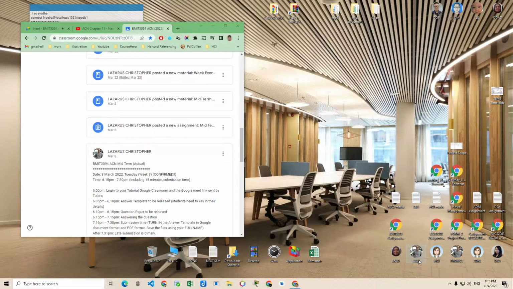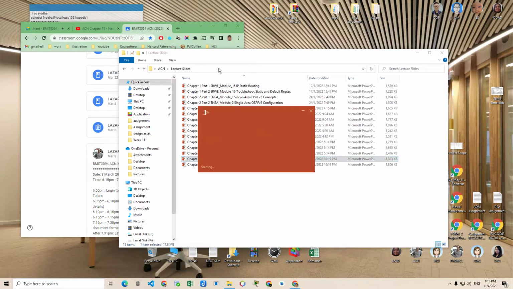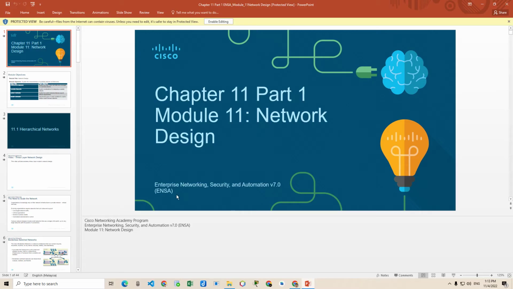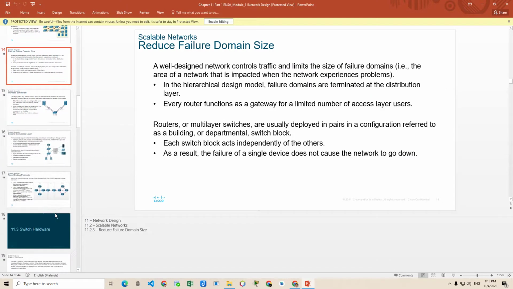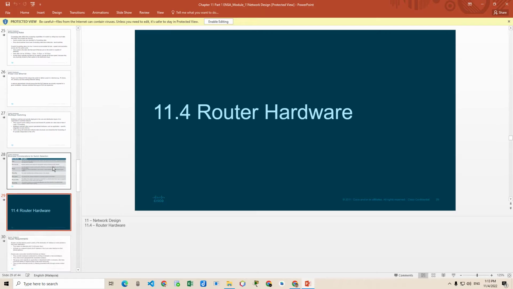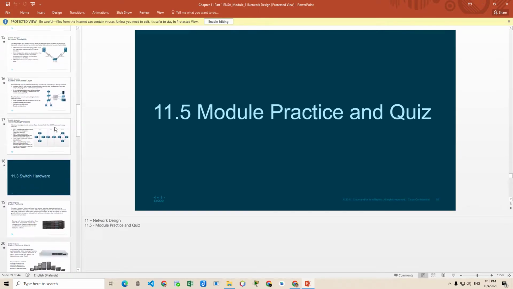Halfway, I think. I believe I finished the first part. Scalability, I think we've covered that also.